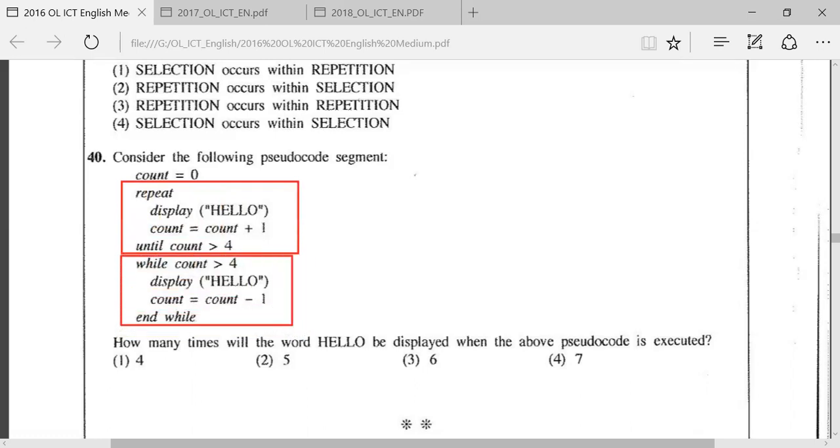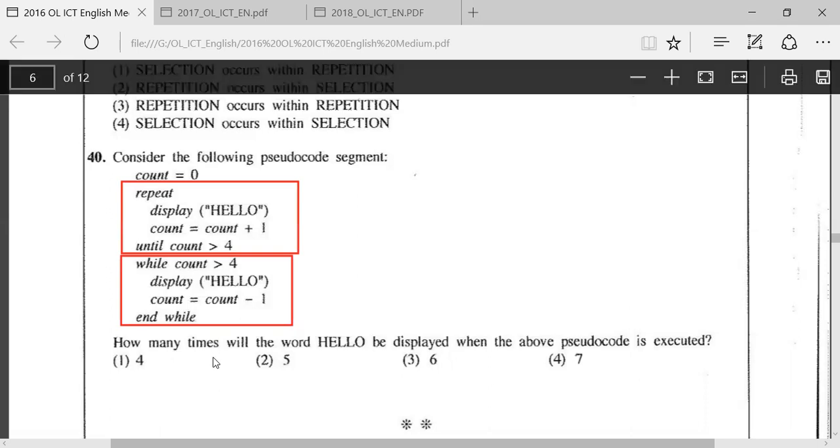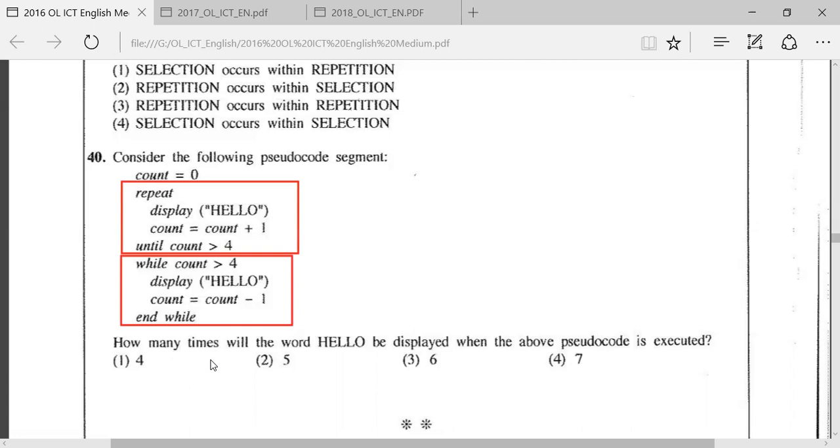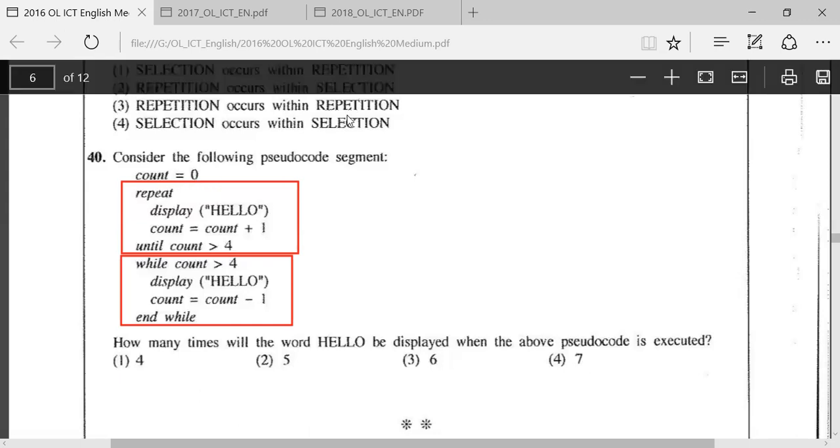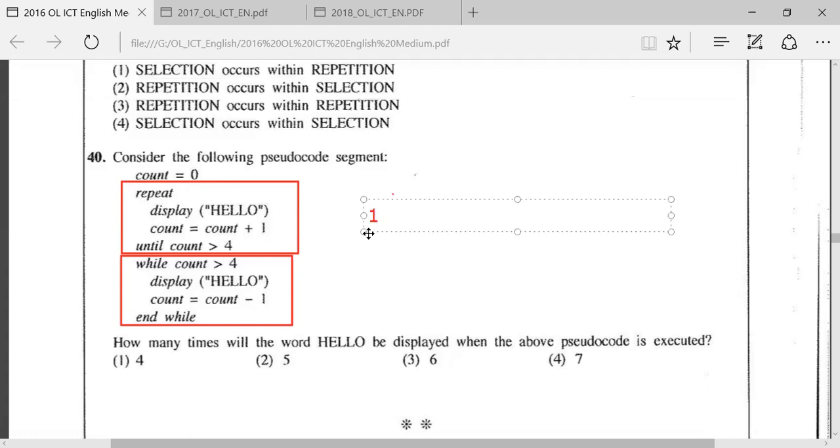They ask how many times will the word hello be displayed when the above code is executed. So you have to count the hello word times. So count is equal to 0, repeat, display hello. First one done.